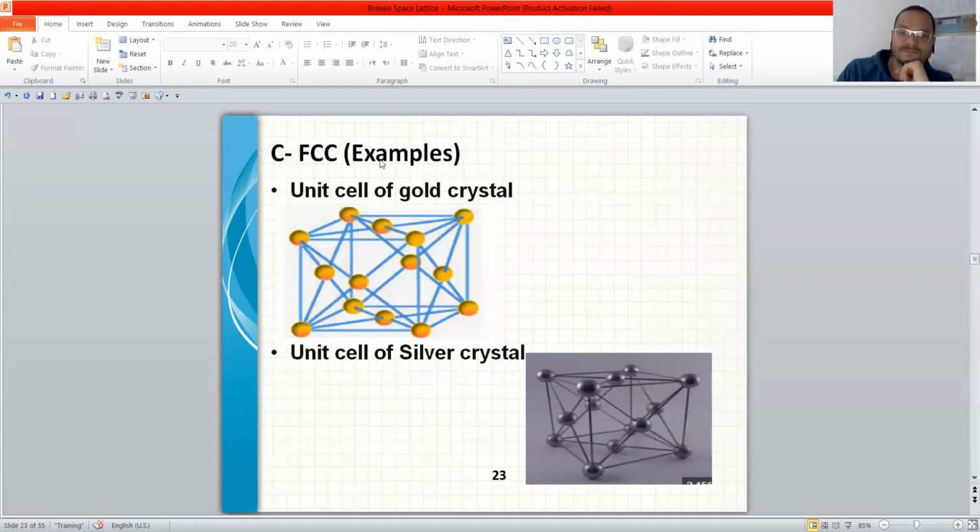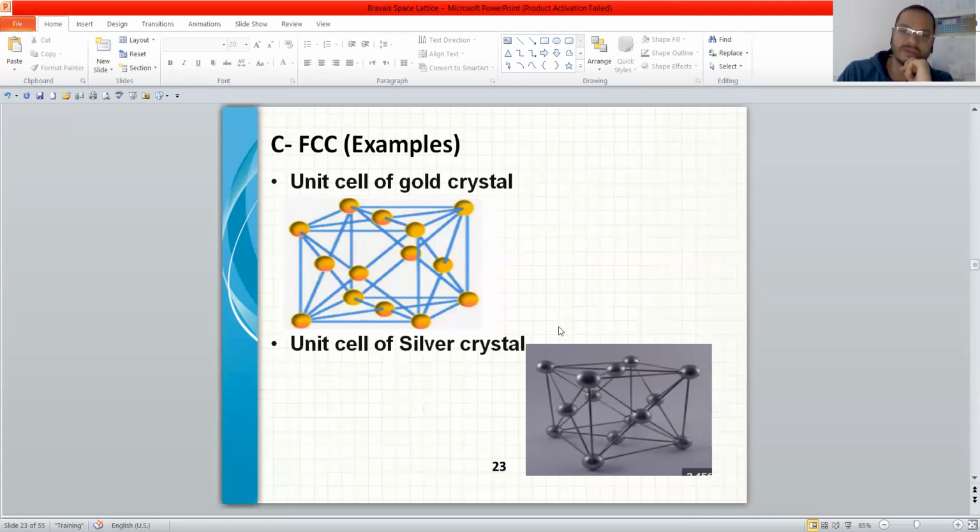Here, let's take some examples. Gold and silver will be good examples to illustrate to us the face-centered cubic structure. This is the gold cubic, and the silver cubic.